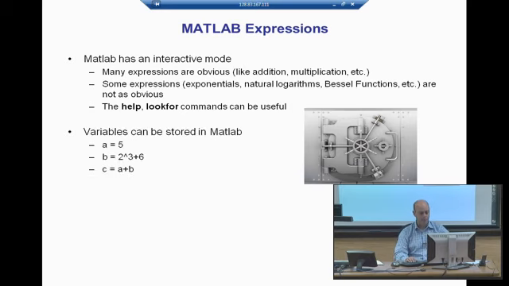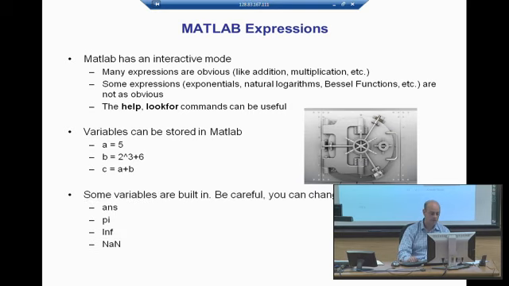Some examples, and I know these are easy, but anything you see on my screen you should type into Matlab just to get used to it. So you can say A is equal to 5, B is equal to 2 to the third plus 6. That would be 8 plus 6, which is 14. And then C is equal to A plus B. So 5 plus 14 should be 19. So then C would be stored as 19.